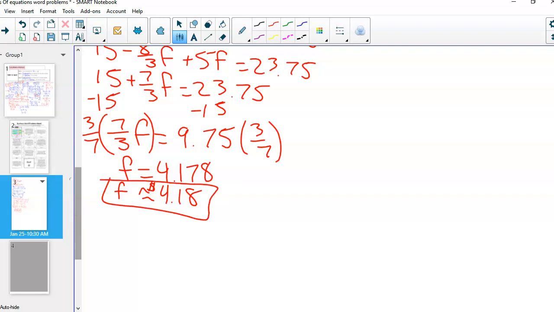Now, if we wanted to, we could go and we could find the cost of the bag of popcorn. But it did not ask us to do that, so we do not need to do that. I'm pretty sure it was 8.75. 8.7 instead of 9. Okay. I was going to say something that's a little off.